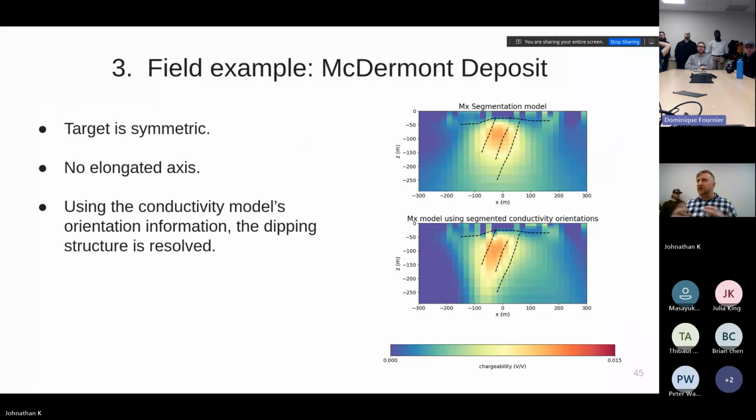So there's nothing in the inversion telling it to accent along any of them. So to combat that, if we use the conductivity model's orientation information that we got from the DC, the dipping structure is starting to get a little bit resolved. We're starting to actually see that whole zone is dipping. We're not kind of focusing on one side, the high concentration.